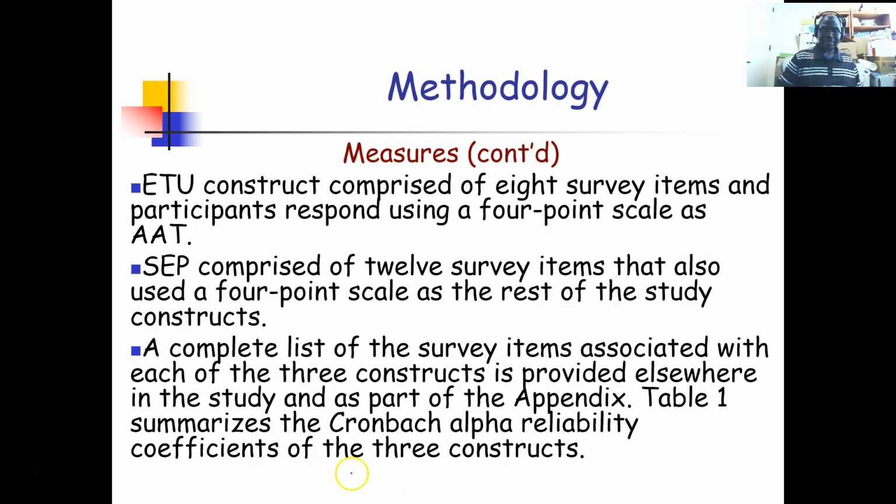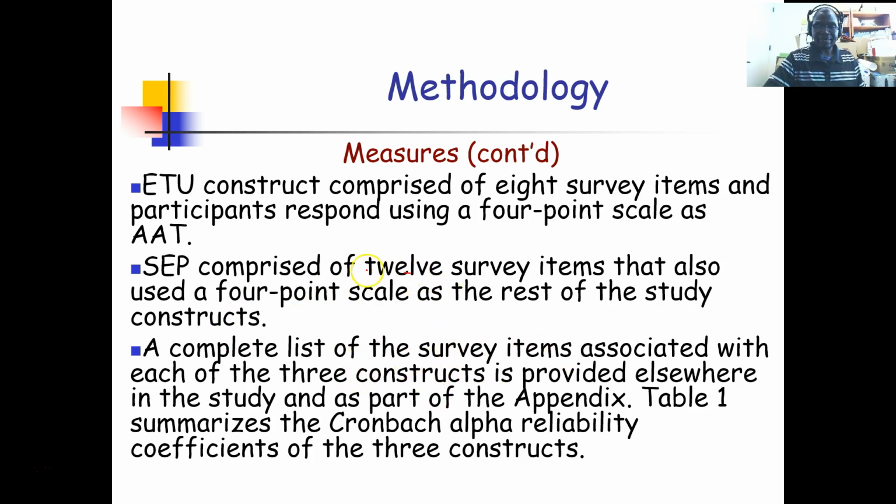And the same scale was used for the other 2 variables. Educational technology usage was a construct or a subscale which comprised of 8 survey items, and participants responded using a 4-point scale.